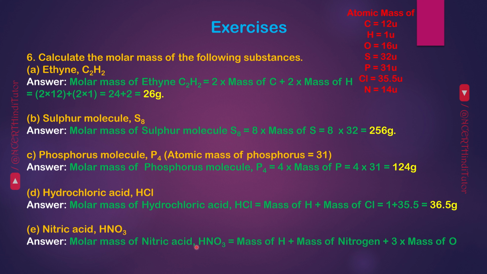Molar mass of nitric acid HNO3 is equal to mass of hydrogen plus mass of nitrogen plus 3 into mass of oxygen, because here there is only one atom of hydrogen, one atom of nitrogen and 3 atoms of oxygen. We know atomic mass of hydrogen is 1, that of nitrogen is 14 and for oxygen is 16. So 1 plus 14 plus 3 into 16. First solving the bracket according to BODMAS, mass is equal to 63 gram.